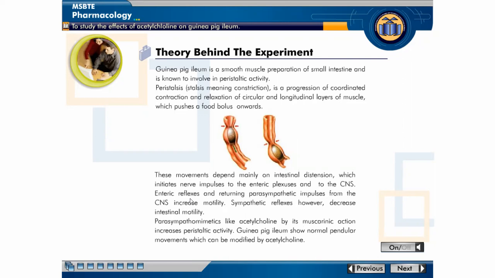And when these enteric reflexes are transported from the CNS to the sympathetic nerve fiber, they show a decrease in intestinal motility.